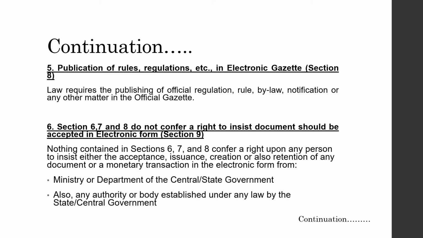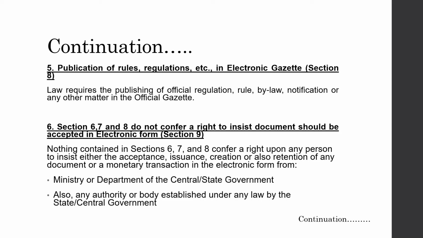There they are only talking about retaining or recording or publishing. They never insist that any person submit the form electronically only, and they also cannot insist that they will accept the documents only through electronic means, or that they will only accept electronic forms.